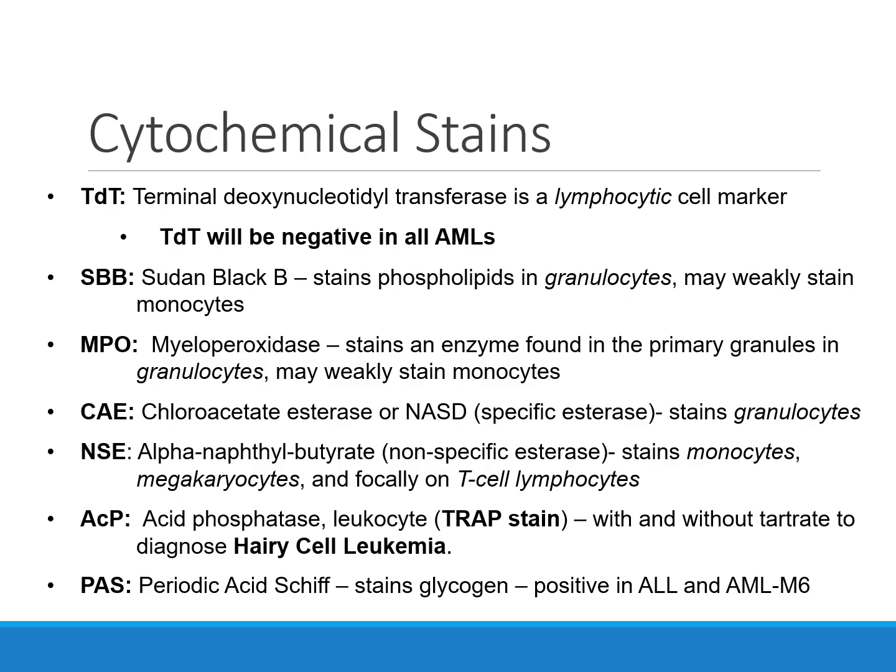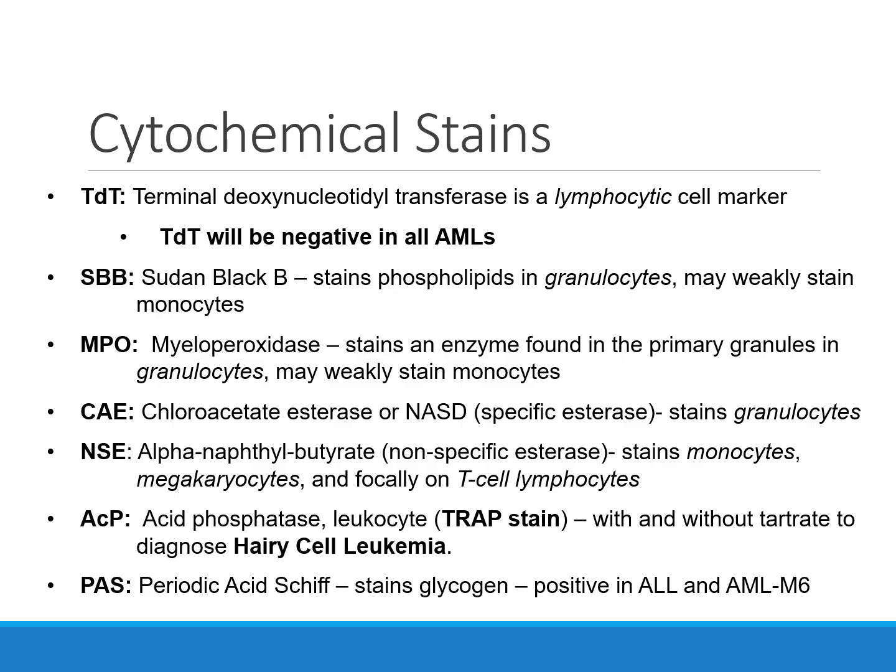So TDT will be negative in all AMLs and positive in all ALLs. Now, Sudan black B, or SBB, stains the phospholipids within granulocytes, and it may also weakly stain monocytes. If you think about granulocytes and monocytes, they come from that original progenitor cell, and they are in the same myelocytic branch.